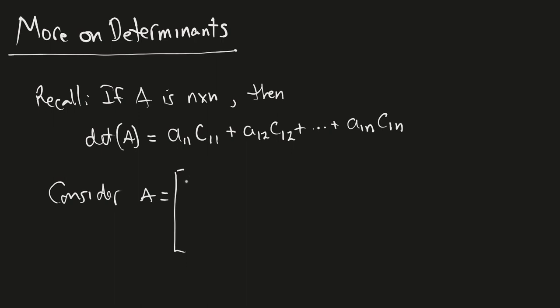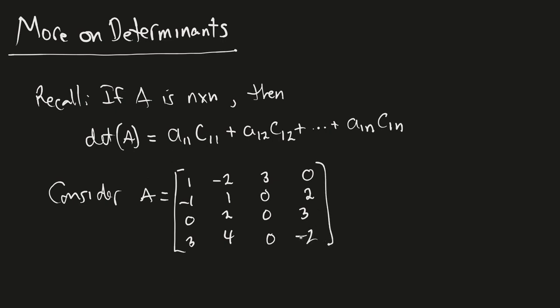So the matrix is 1, -2, 3, 0, and then -1, 1, 0, 2, 0, 2, 0, 3, 3, 4, 0, and then -2. All right, so this is our matrix.